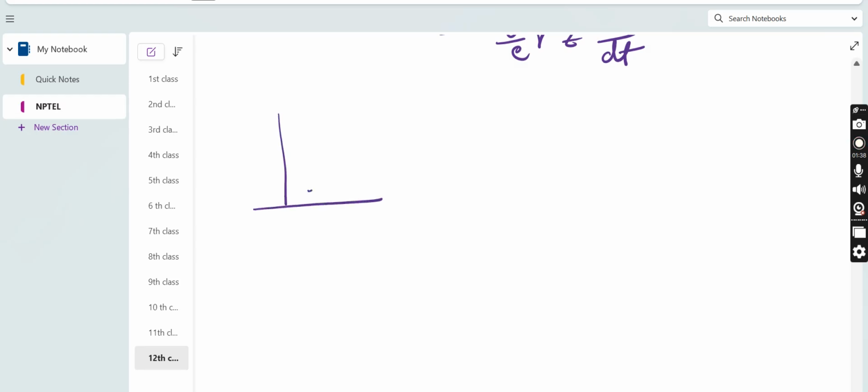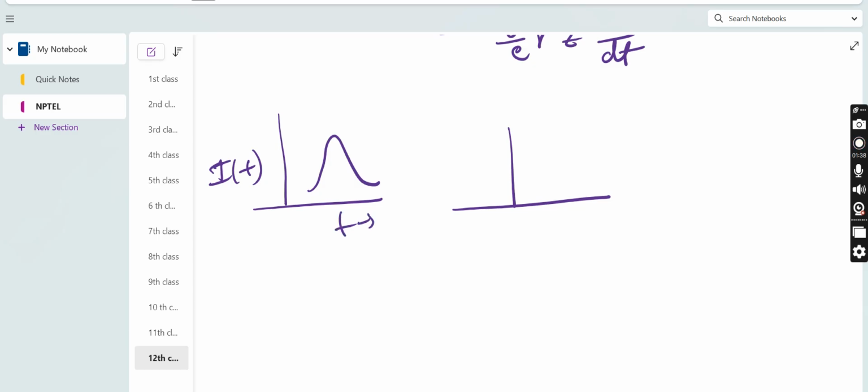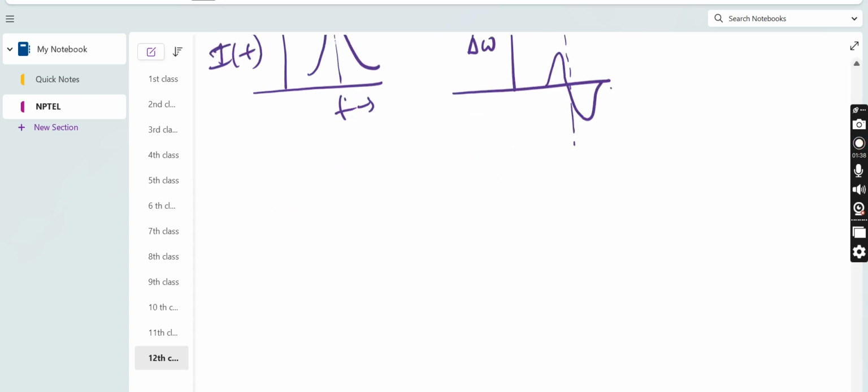So if the intensity follows this profile in the time domain like this, then delta omega will be like this.